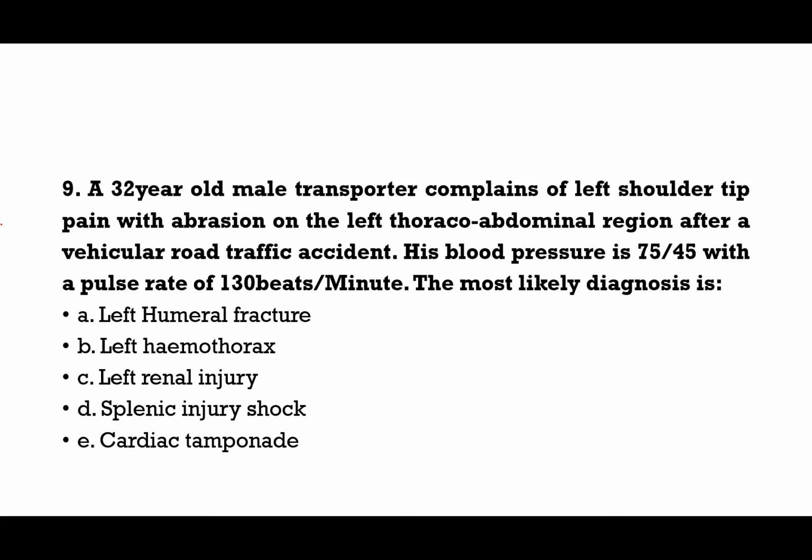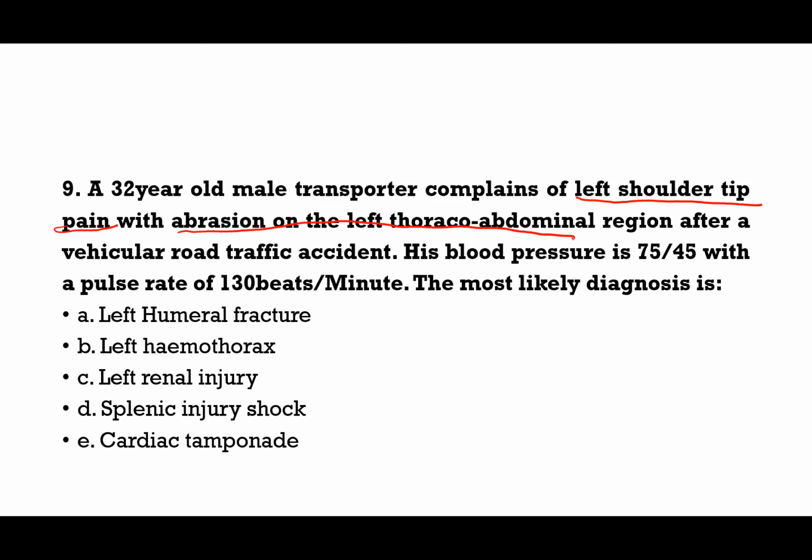E, cardiac tamponade. Now, if you look at this, left shoulder tip pain is the referred pain due to accumulation of blood under the diaphragm. Now, abrasion in the left thoracoabdominal region signifies that there is an internal injury, most likely the spleen. That is the location of the spleen.